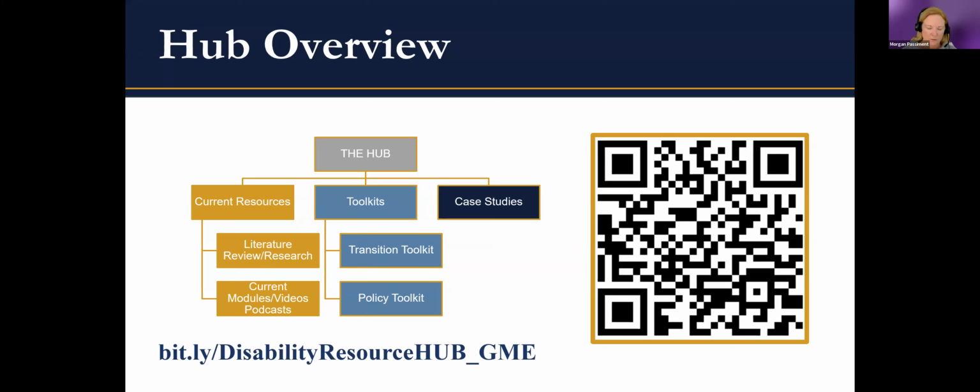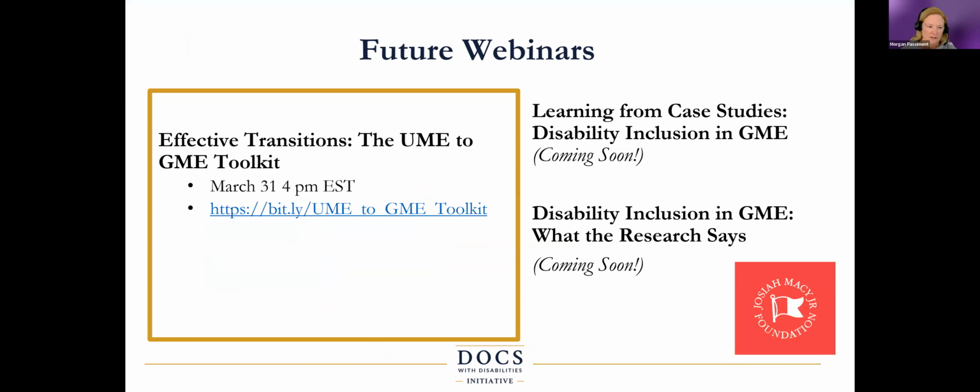We also will have a webinar on the UME to GME toolkit in a few weeks. And then there are several case studies. So there's a wealth of information there that you can access. We do also have, as I said, the future UME to GME toolkit that you can access. And we'll have the case studies as well coming up in a webinar.